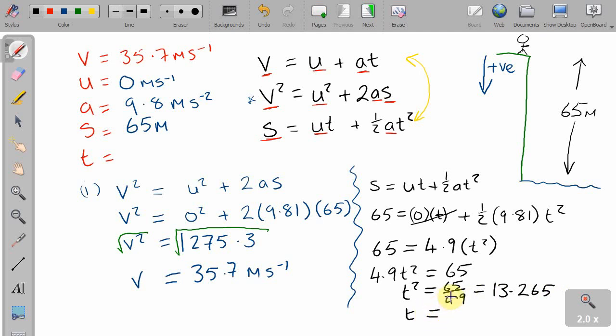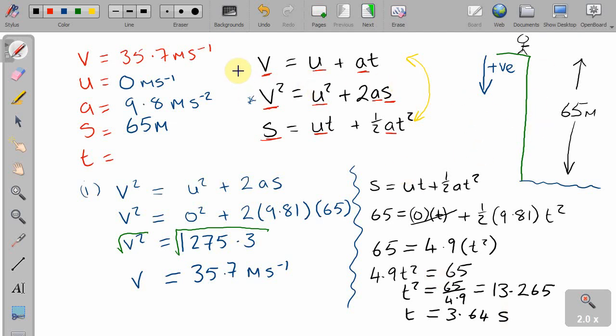It's an equation, so you have to do the same on both sides. So the square root of that would give me a value of 3.64 seconds.